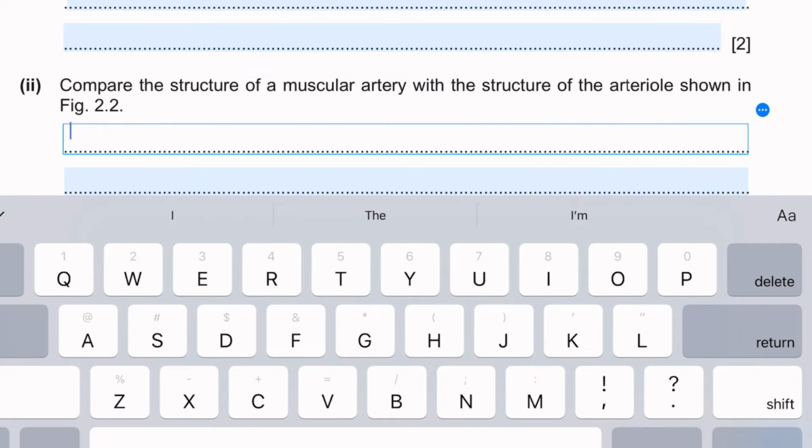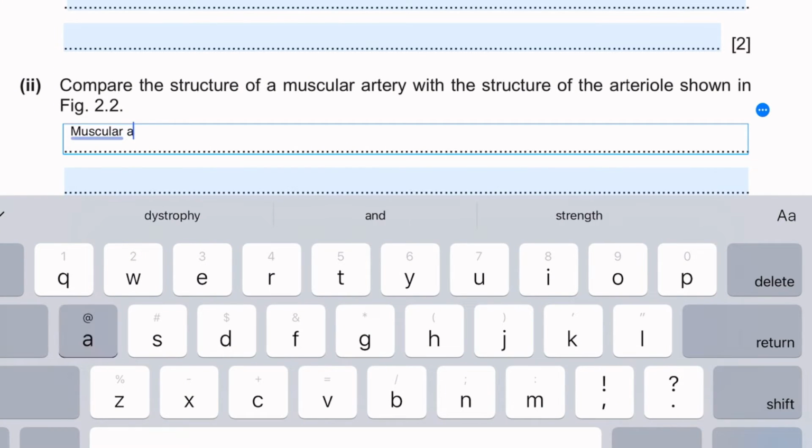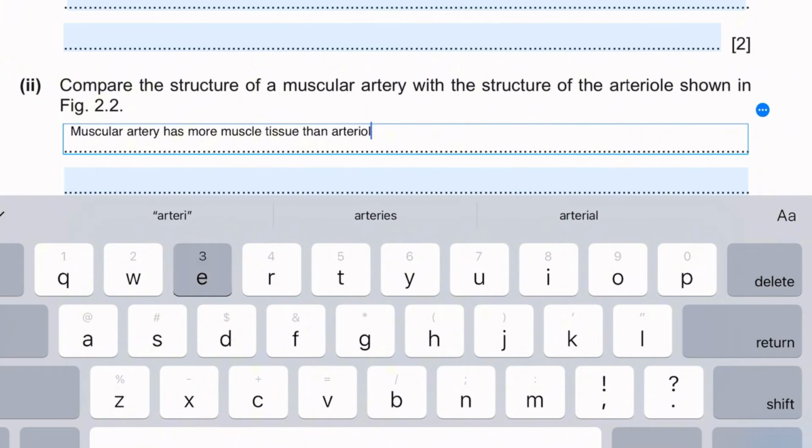So firstly, the muscular artery has more muscle tissue than the arteriole and more elastic tissue than the arteriole.